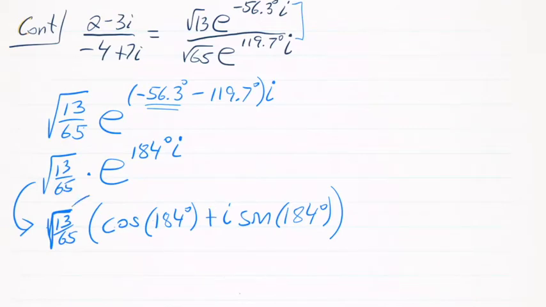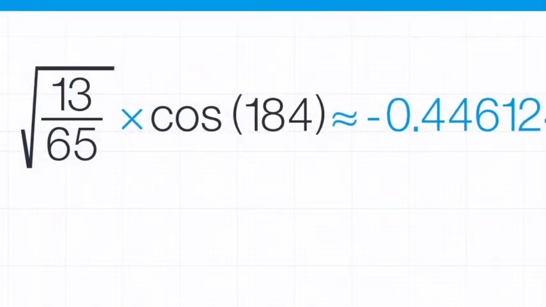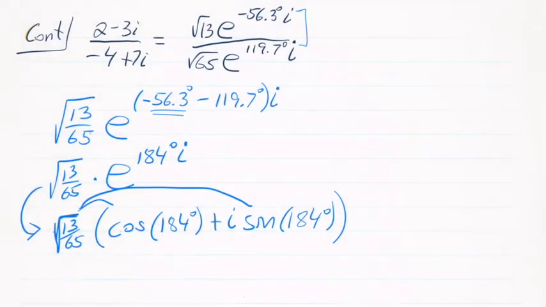So I'm going to distribute this ugly number to both of those terms. So if I multiply square root of 13 over 65 times cosine of 184, I'm going to get negative 0.45 for the real term.